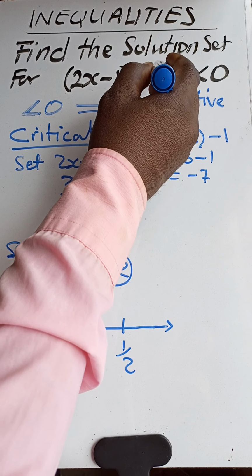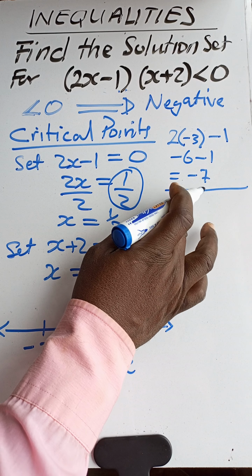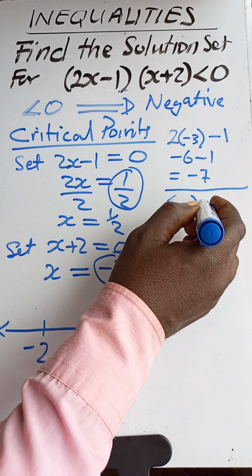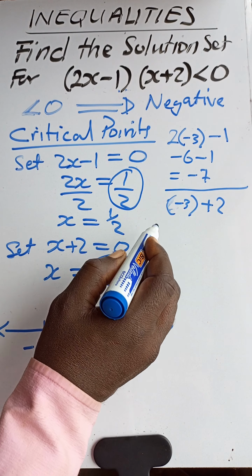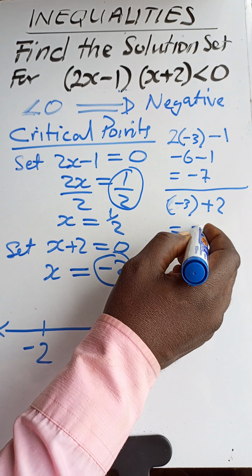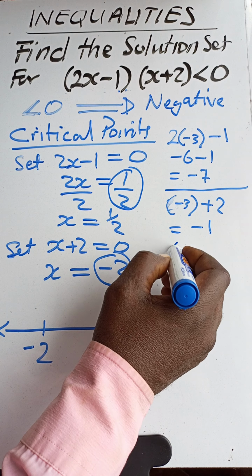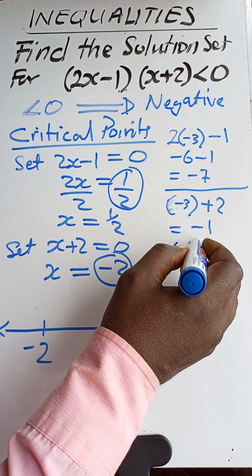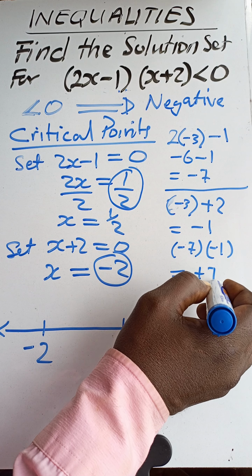Now, over there, where we have x, we put brackets plus 2. We still use the same choice of negative 3. So we have negative 3 plus 2, that gives us negative 1. Now, negative 7 multiplied by negative 1 gives us positive 7.